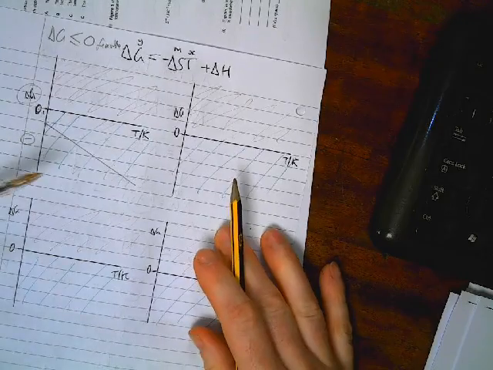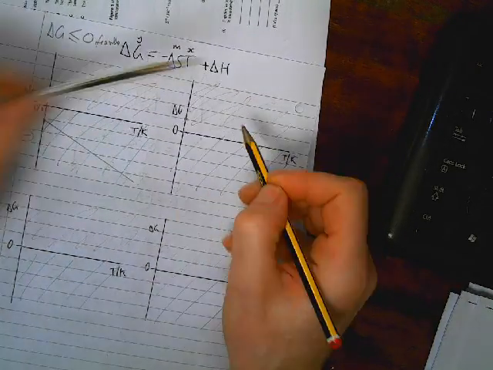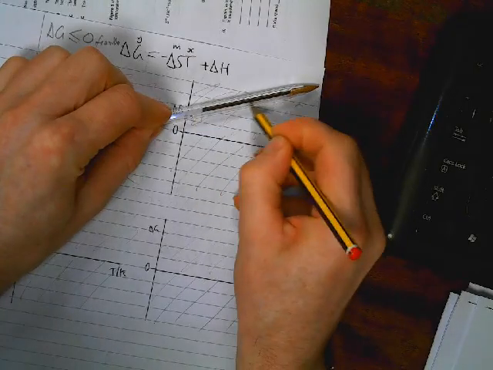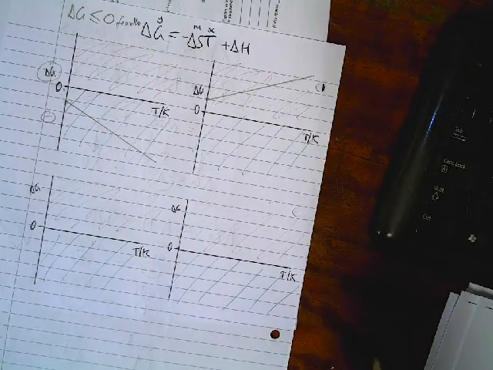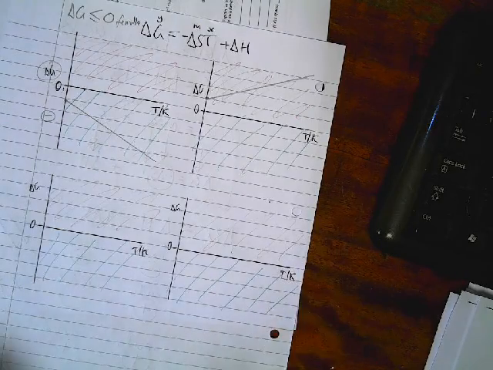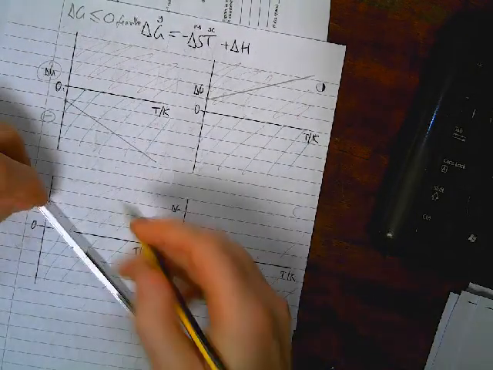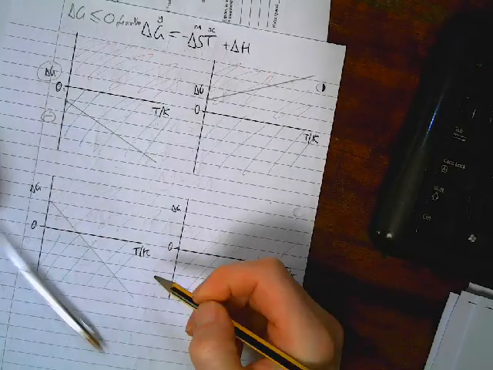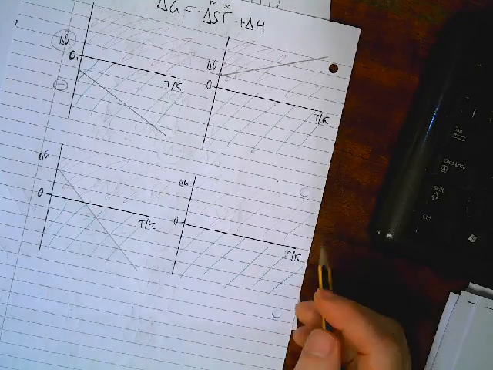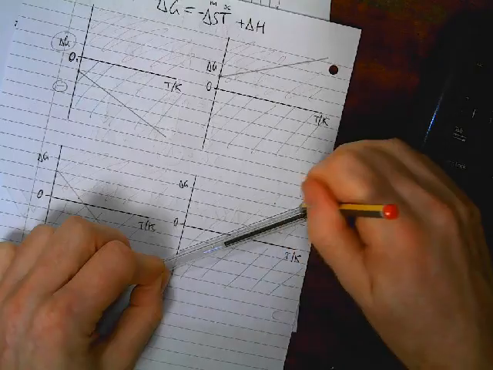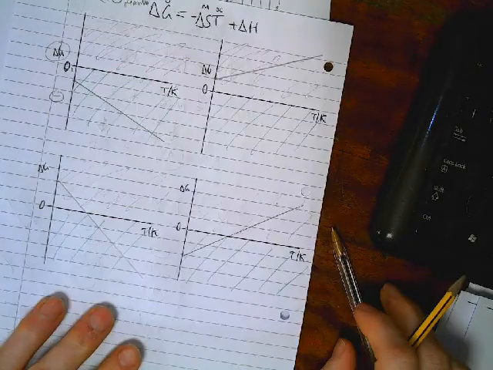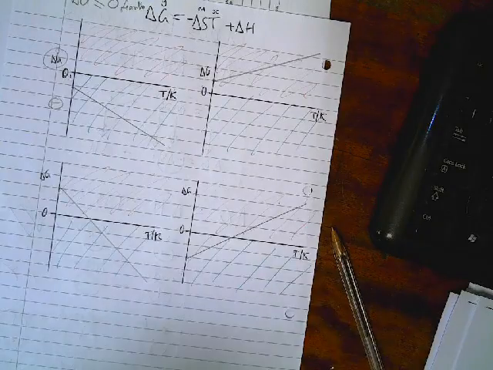The second type of line is one that starts above 0 and gets more positive, or less feasible. You might already see where these things are going. Then I'm going to do one that starts above 0 but then ends up below 0. Almost looks like that's one that gets feasible above a certain temperature. And then the opposite will be starting below and going up. 4 different scenarios. Okay, and we just have to unpick which one is which.